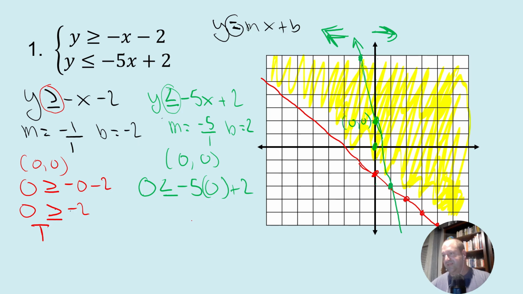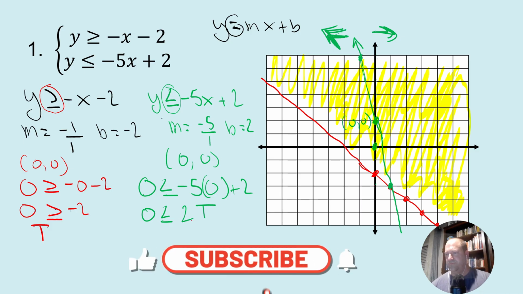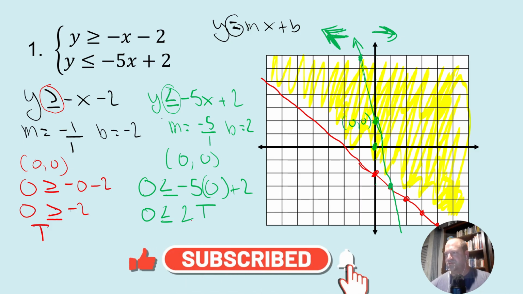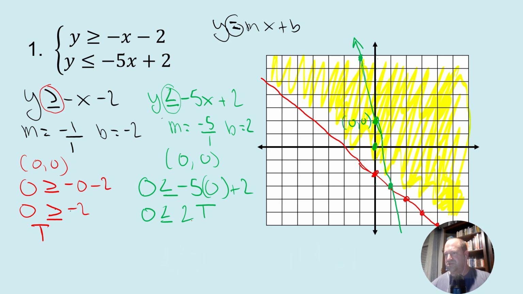We get 0 is less than or equal to negative 5 times 0 plus 2, and 0 is less than or equal to 2, which is true. So we're going to shade to the left. Let me clean this up a little bit, and I'm going to shade this in light green.